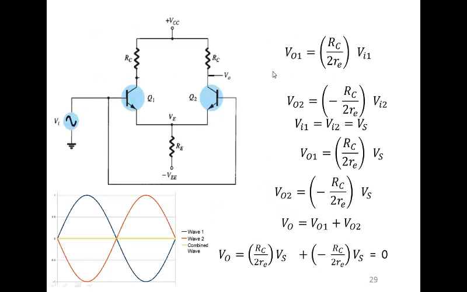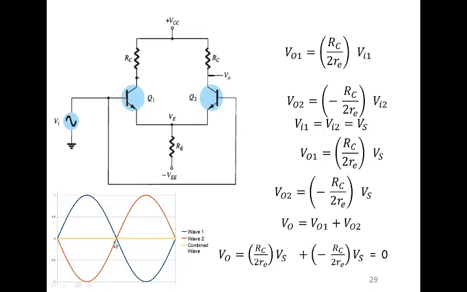You can see that in previous slides for the differential amplifier, we have seen that if I apply input at this point and take output here, then I will get a positive gain, and the signal would be in phase, an amplified in-phase output. Similarly, if I apply input here of the same value, then I will get an output here that would be inverted.